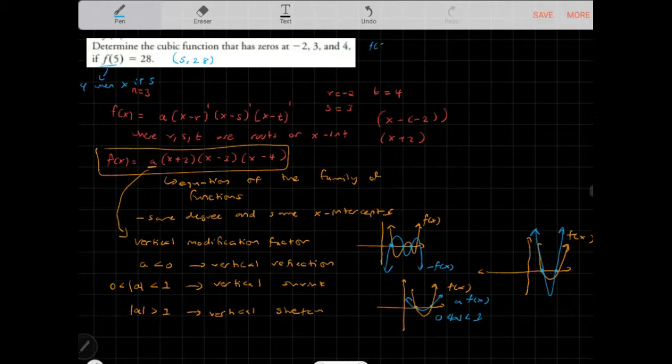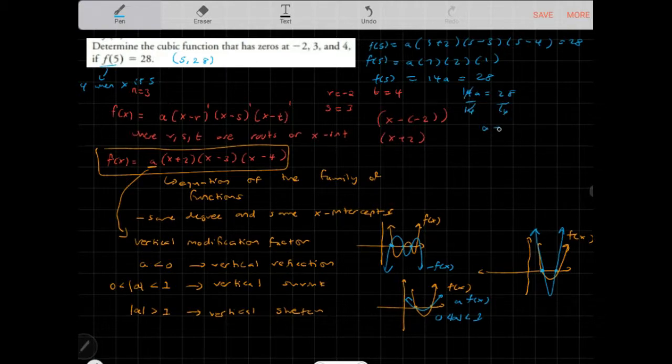If I do f of 5, you get a times (5 + 2)(5 - 3)(5 - 4), which is a times 7 times 2 times 1, which is 14a. And we know f of 5 is equal to 28. So 14a is 28. If I divide this by 14, a is equal to 2.